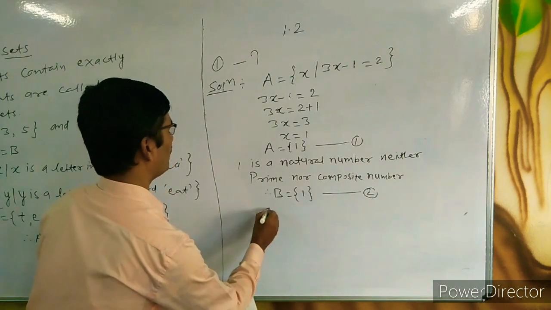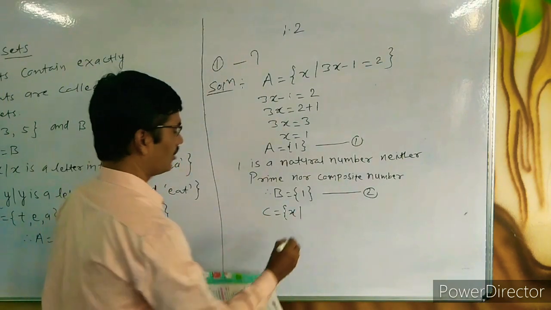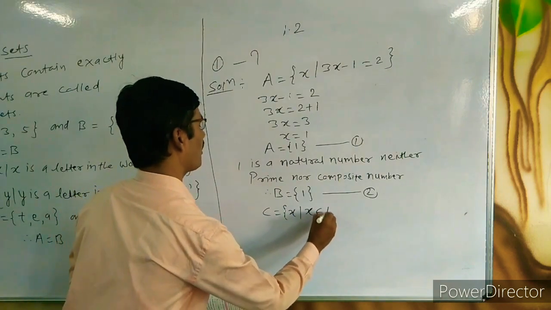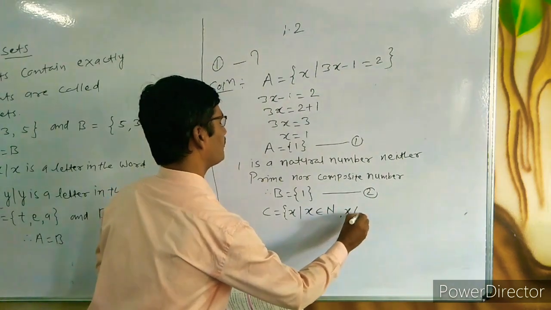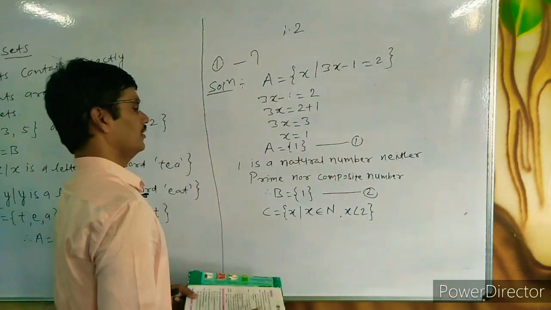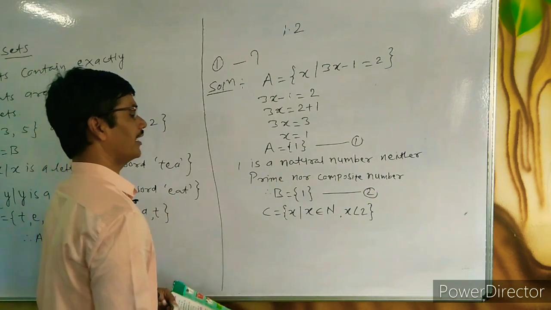C is a set of all x such that x belongs to N, x is less than 2. 1 is a natural number that is less than 2.